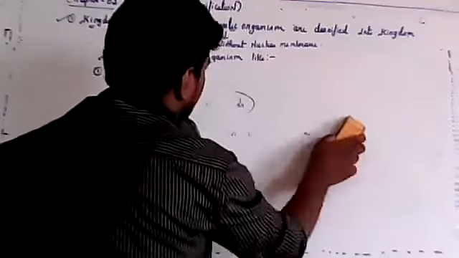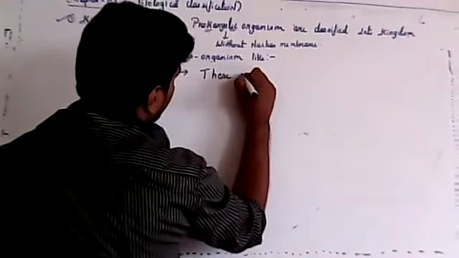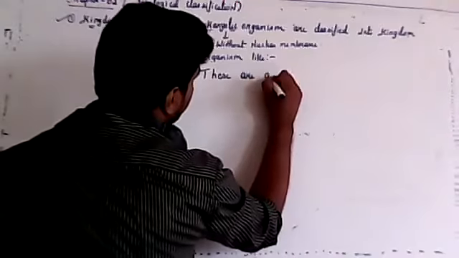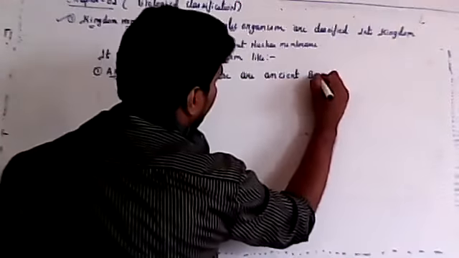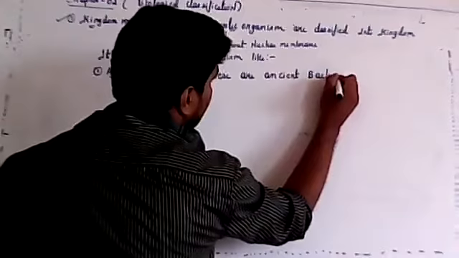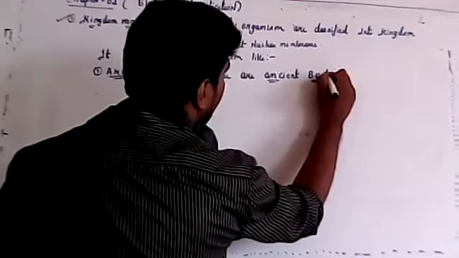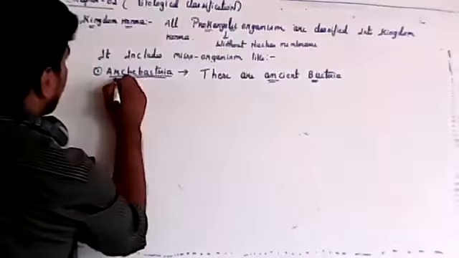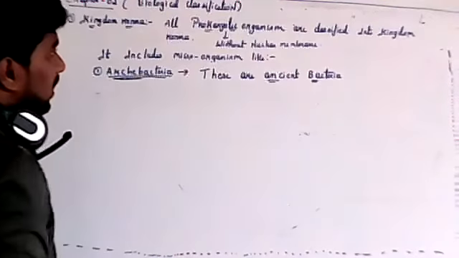So you can write about archaebacteria: they are ancient bacteria. Ancient bacteria means very old, before bacteria. Before bacteria, there was an organism called archaebacteria.